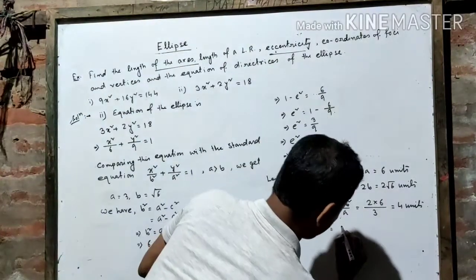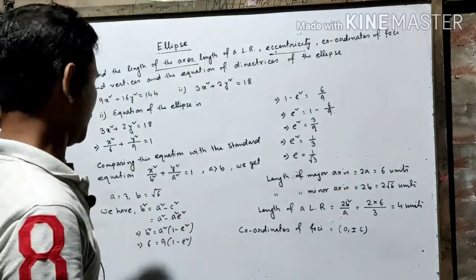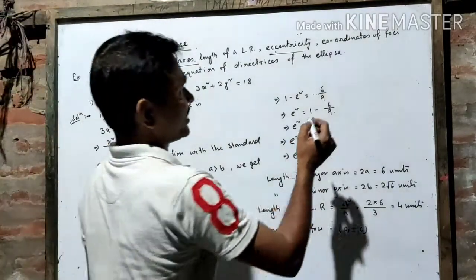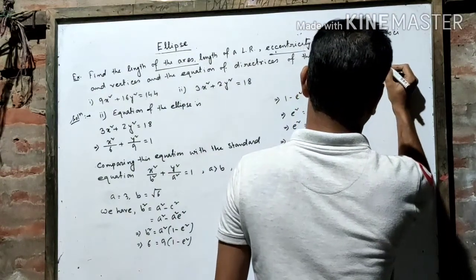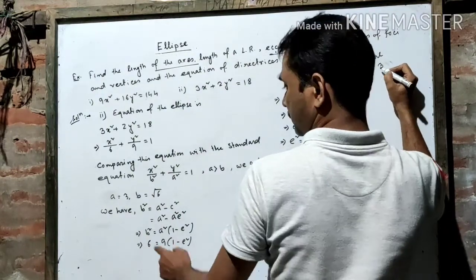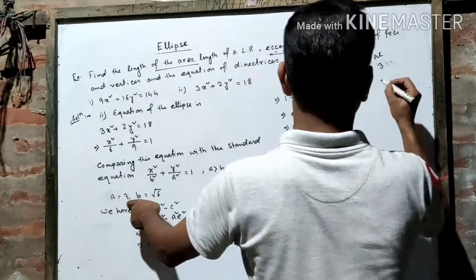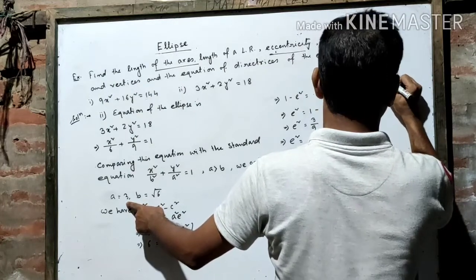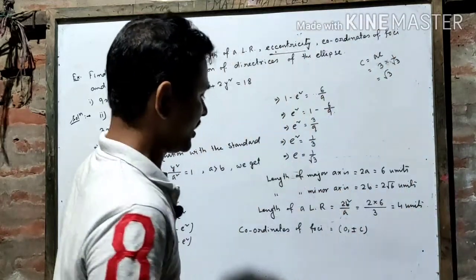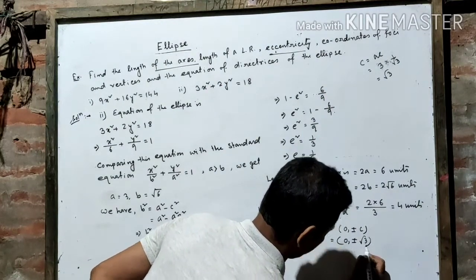Coordinates of foci are (0, ±c). What is the value of c? c = ae. a is 3, e is 1/√3. So the value of c is √3, and accordingly this will be (0, ±√3).